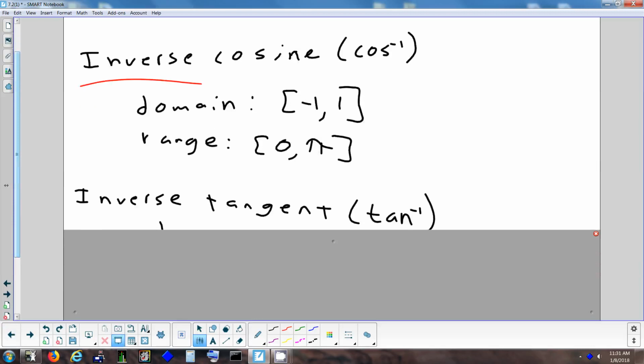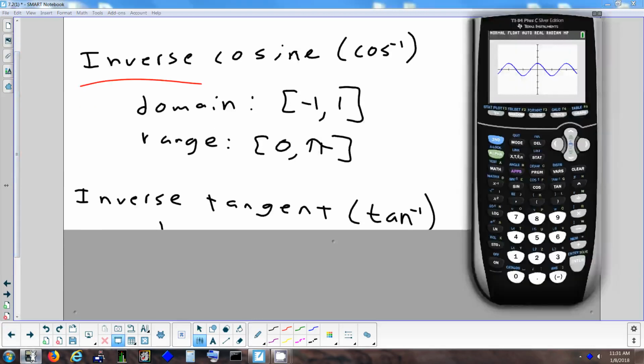Now, tangent looks a little different. Let's look at how high and low tangent goes. What's the highest and the lowest that tangent goes? Infinity and negative infinity. That's the range of the original. So what do you think the domain of the inverse is going to be?